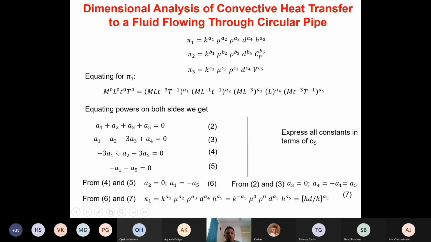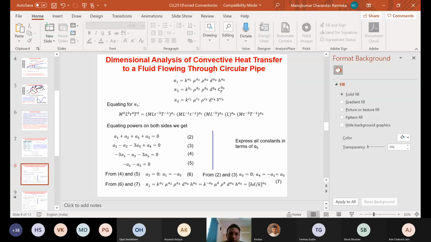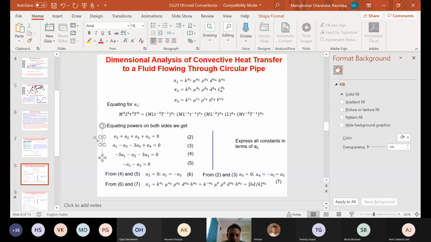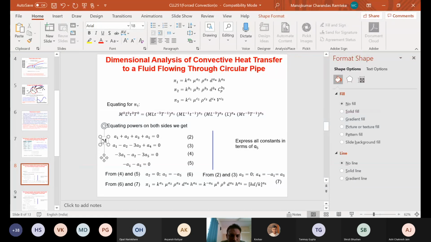The third equation is corresponding to L. So maybe I just do it.